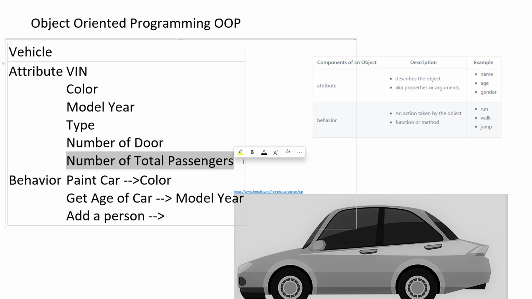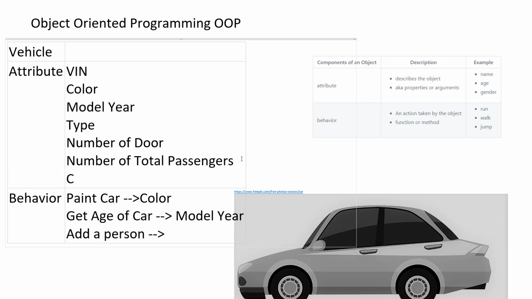A lot of vehicles fit 5 people. And then we could also have an attribute called current passengers. If there's nobody in there, current passengers would be set to 0. So add a person would increment current passengers.